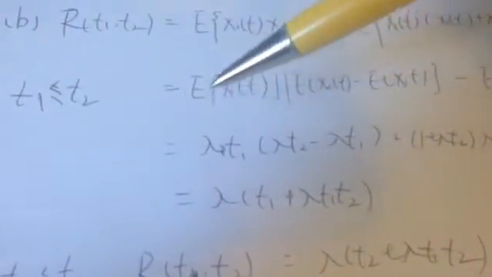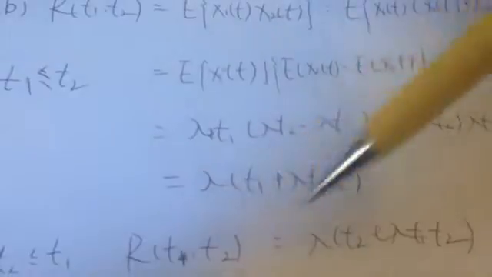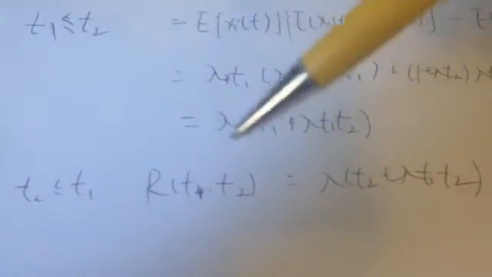So here we can get this when t1 is less than or equal to t2, and similarly, when t2 is less than or equal to t1, the R of t1 and t2 should be this.